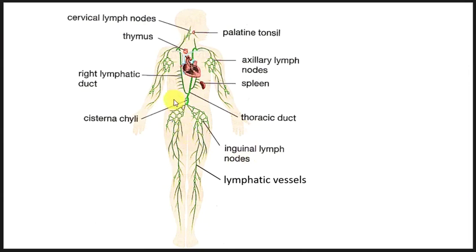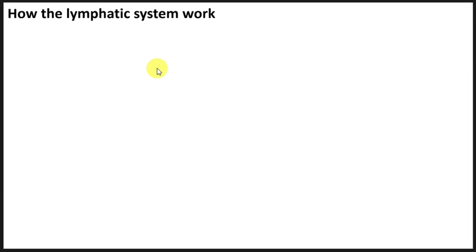All right, so now let's look at how the lymphatic system works. This is very important because we said earlier in the introduction that the lymphatic system is a transport system that drains a fluid called lymph from body organs or tissues into the blood system, and that it also makes up the defense system of the body.